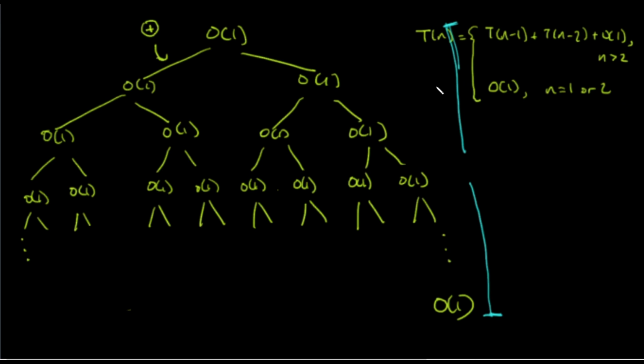And so, ignoring some plus or minus 1 issues, which are not that important in our asymptotic analysis, if we start from n and keep subtracting 2 until we hit 1 or 2, then this is going to take about n over 2 subtractions.